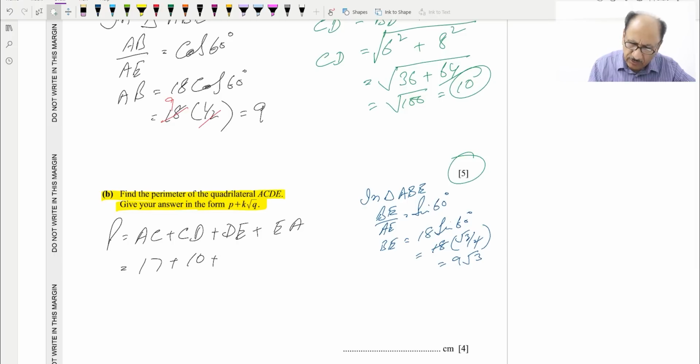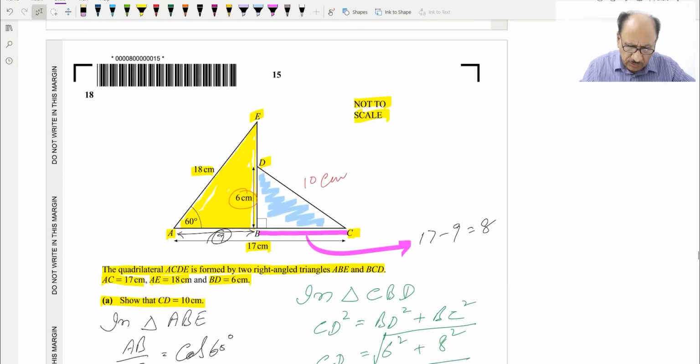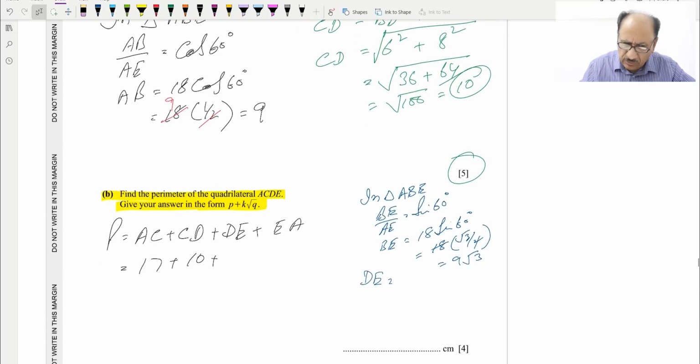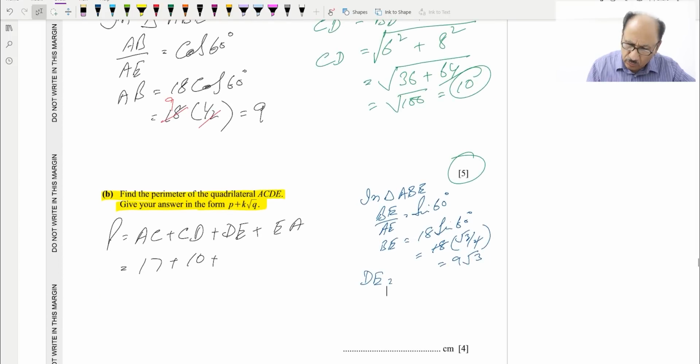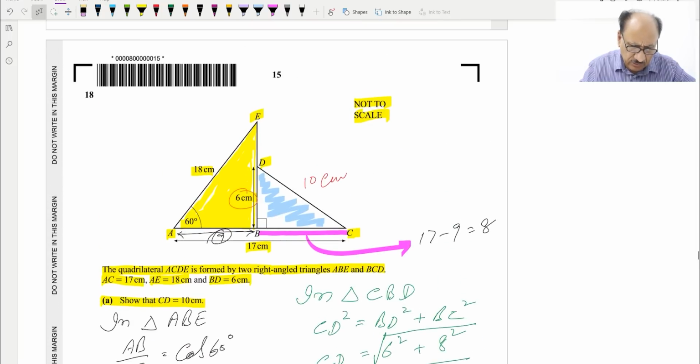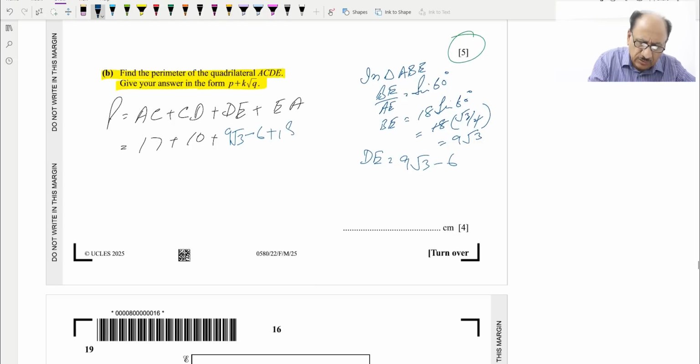DE is required, so DE is equal to the total length, 9 root 3, minus 6 we need to subtract, so 9 root 3 minus 6, and plus EA, and EA is 18.